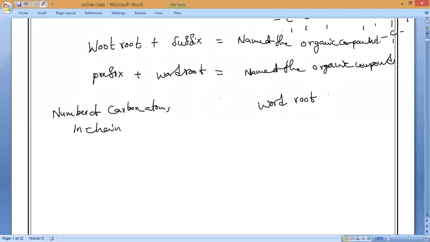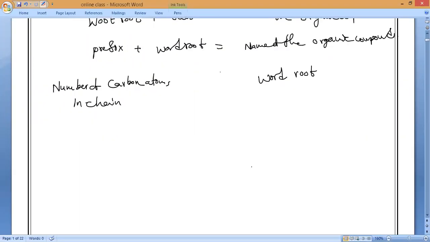I already taught you: what is the smallest possible hydrocarbon? Methane. Yes, methane. So meth is for 1, because the number of carbons is 1. So the word root is meth. In the same way we can study up to 10: 2, 3, 4, 5, 6, 7. Can anybody tell me for 2?